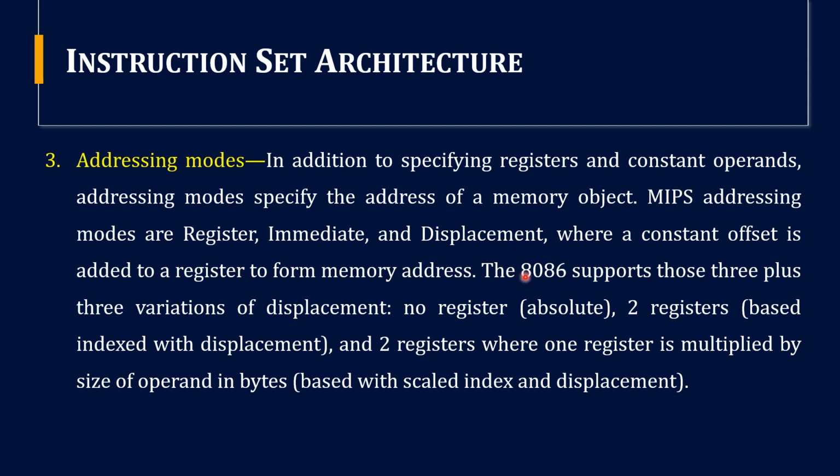The 8086 supports those three plus three more variations of displacement: no register, which is called absolute; two registers, based indexed with displacement; and two registers where one register is multiplied by the size of the operand in bytes.